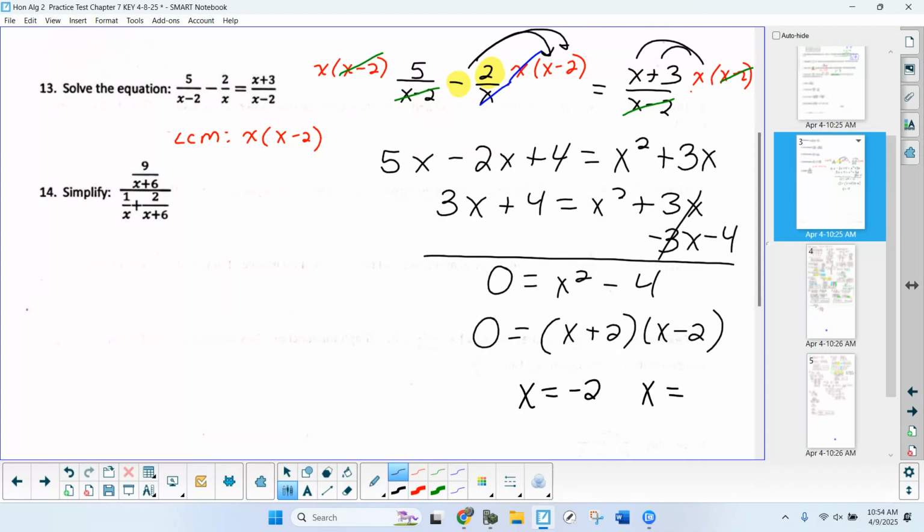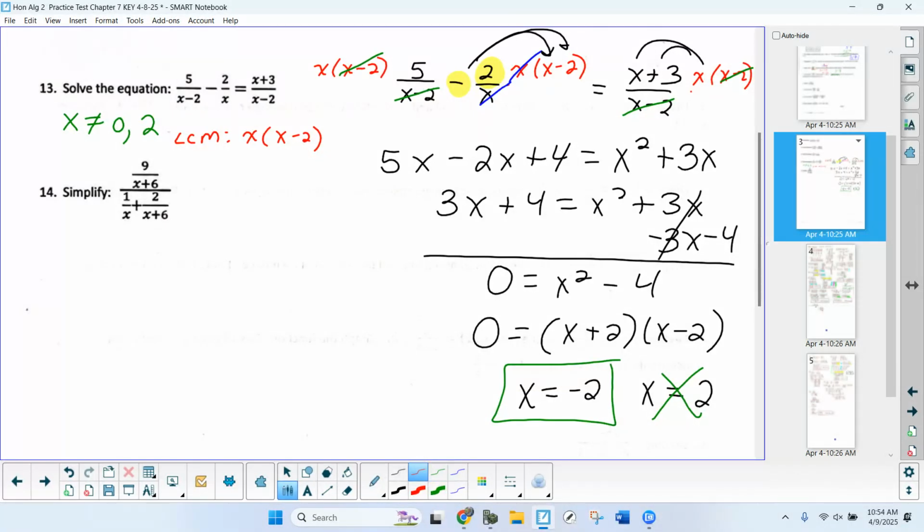Negative 2 and, however, back at the beginning, you need to watch, because what is x not allowed to be? 0 or 2. So x can be negative 2, x can't be 2. Good problem. Do you think all of that's going to happen tomorrow? Oh, you betcha.